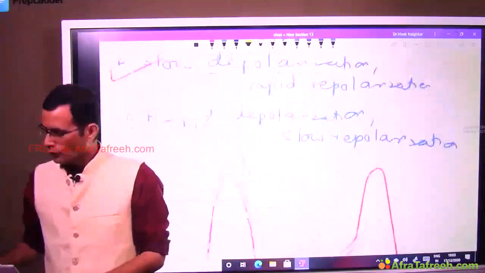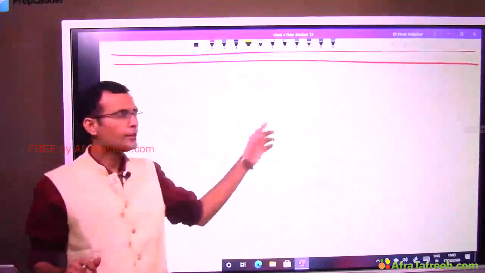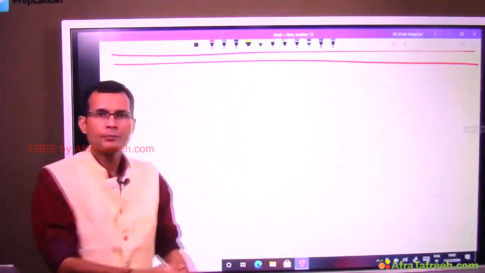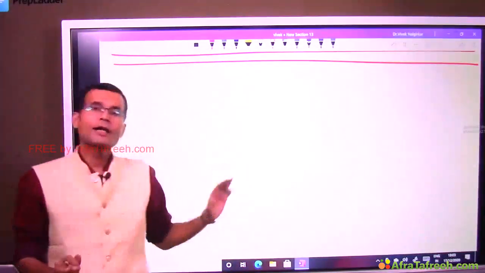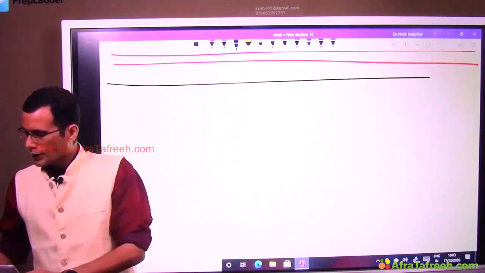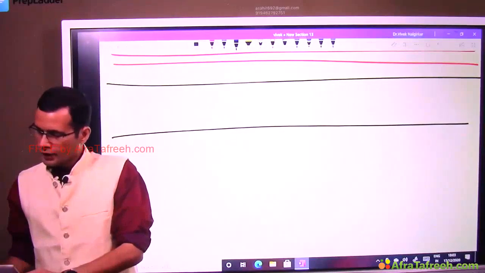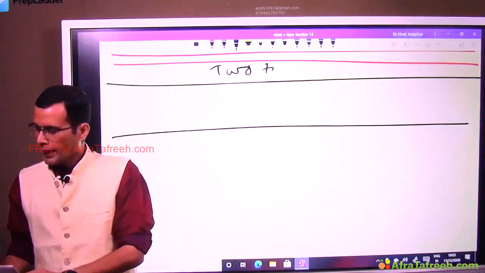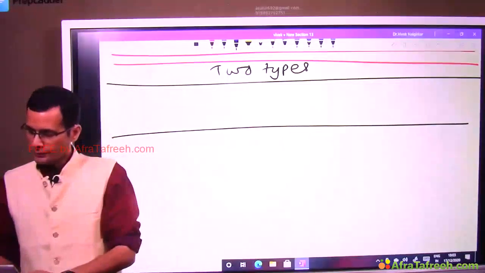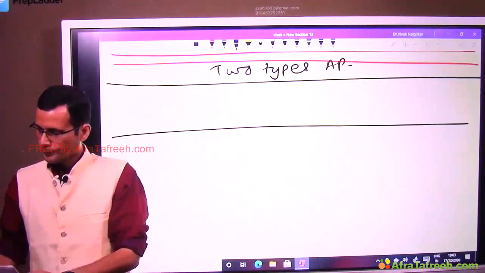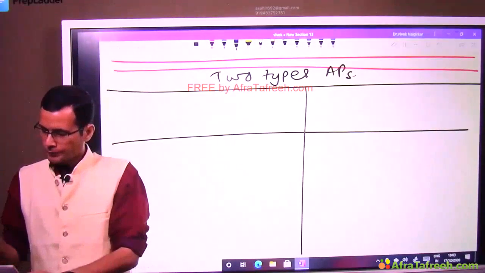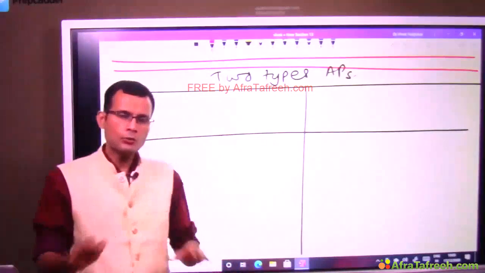Just now we have said that the SA node has this action potential. So let me continue with that. Since we are talking about the action potentials in the heart, there are two types of cells in the heart, and by that I mean there are two types of action potentials in the heart. Two types.